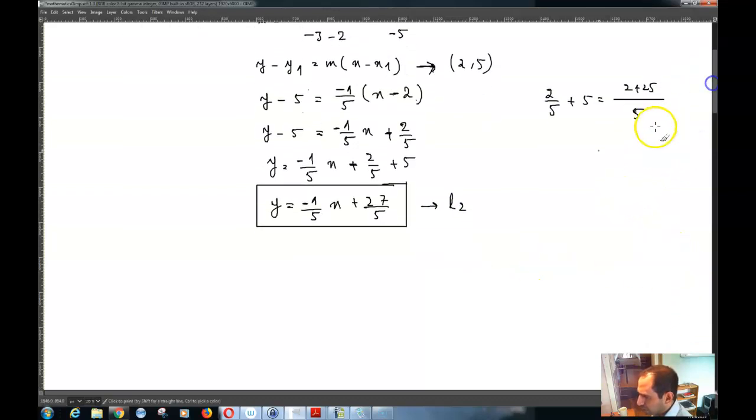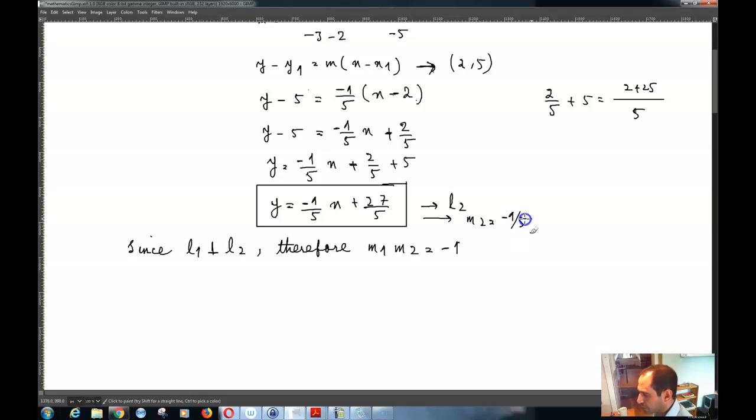Now, since we said that L1 is perpendicular to L2, therefore M1 times M2 is equal to negative 1. So now over here, your M2 is equal to negative 1/5.